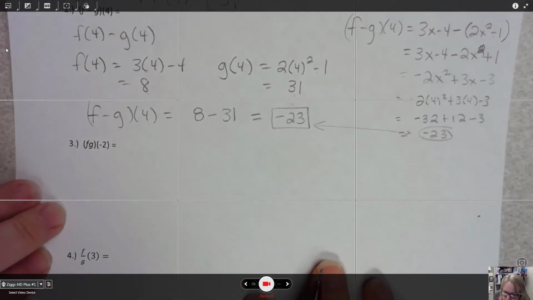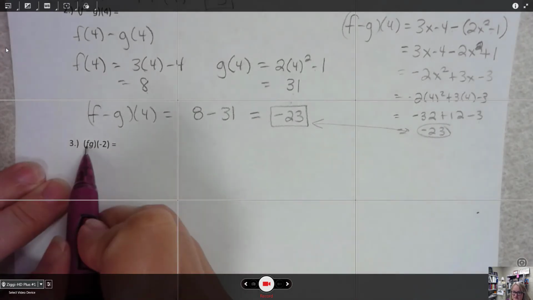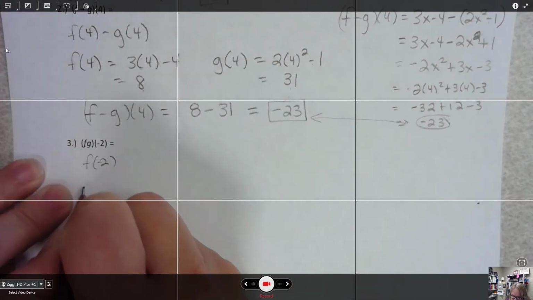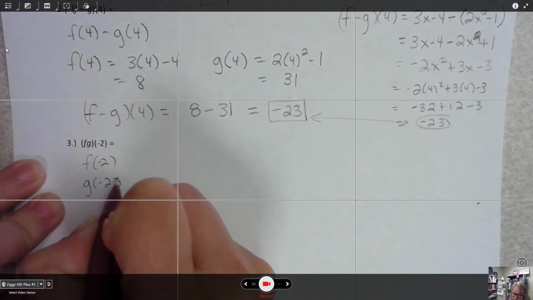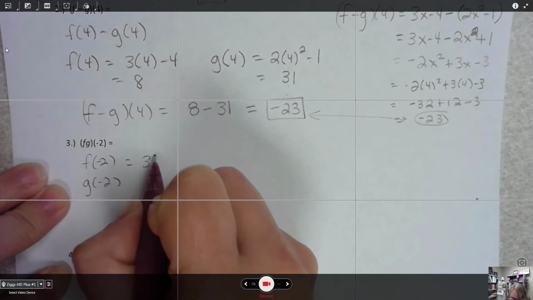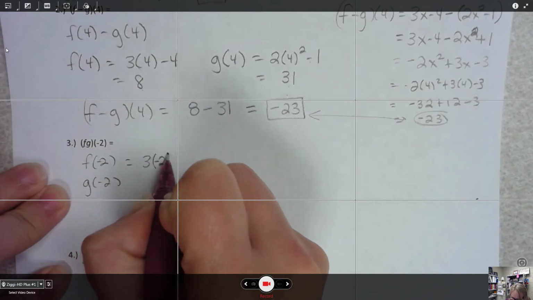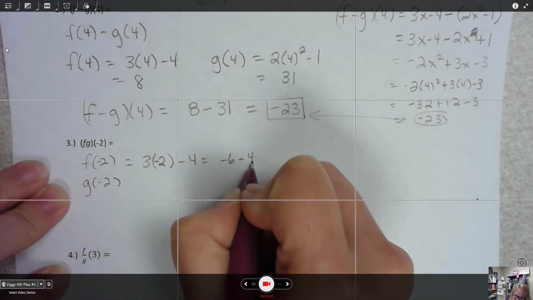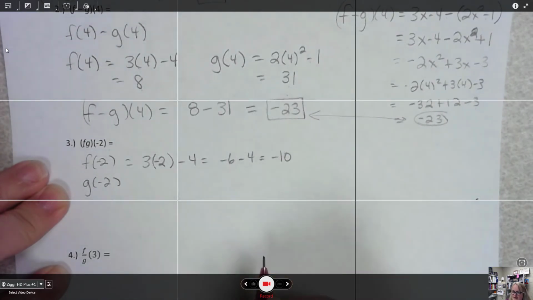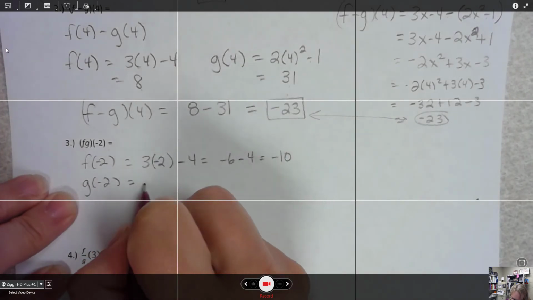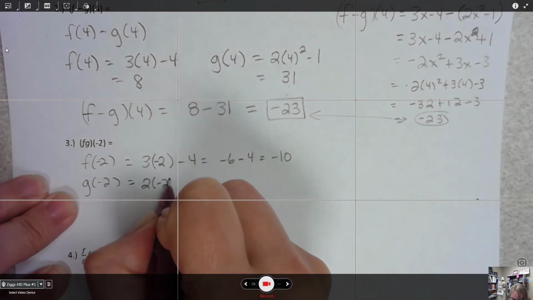For f times g of negative 2, I can find f of negative 2 and g of negative 2. So f of negative 2 would be 3 times negative 2 minus 4, which would give me negative 10. And then g of negative 2.